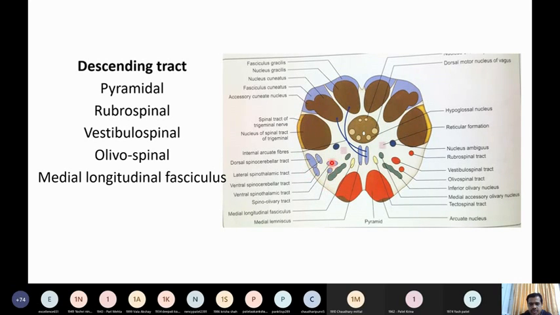Then we have spinothalamic anterior and lateral, spinocerebellar anterior and posterior, then spino-olivary, spinotectal. Descending tracts are rubrospinal, vestibulospinal, olivospinal, tectospinal. So these are the tracts present at this level.